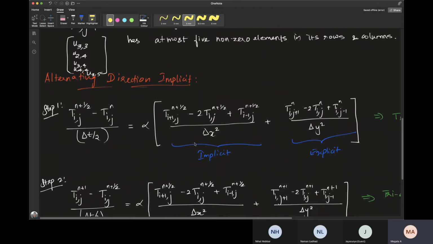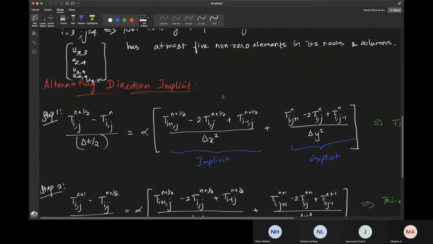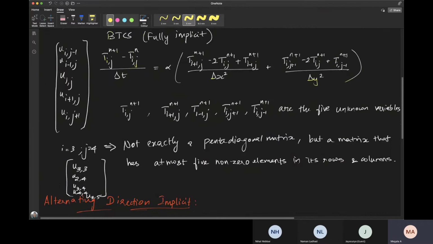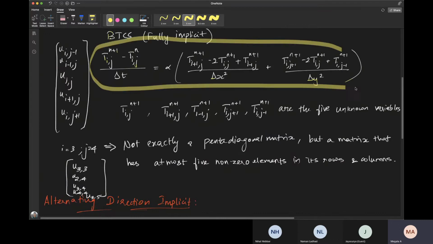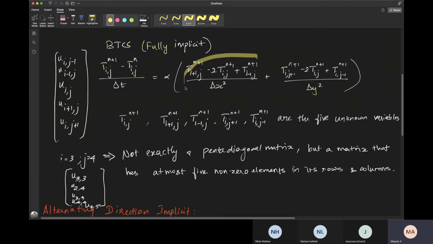That is, here I have kept the x direction at one time step, so I'm splitting the system into two halves. It's almost a similar system, but one of the central differences will be evaluated at a later time, whereas the other one will be evaluated at the current time step itself.